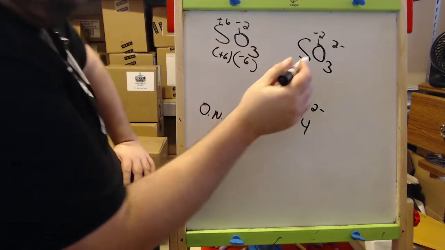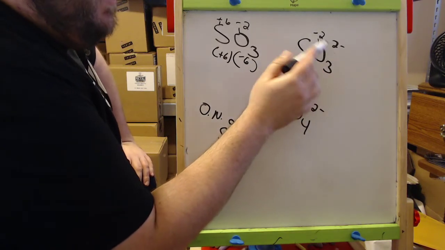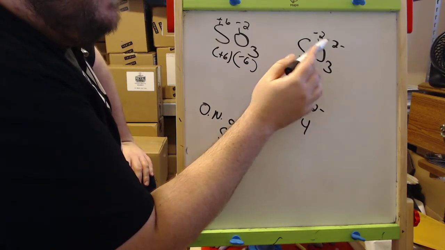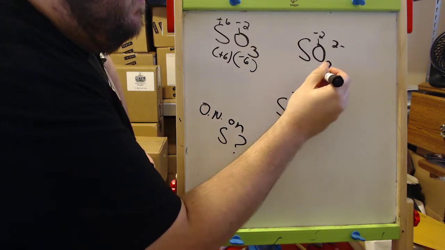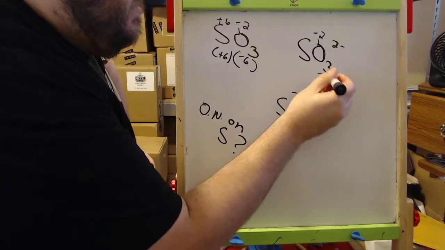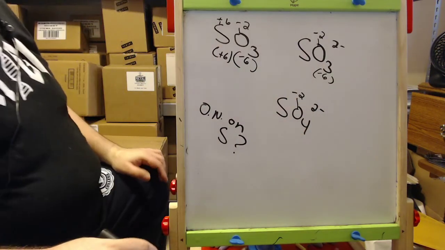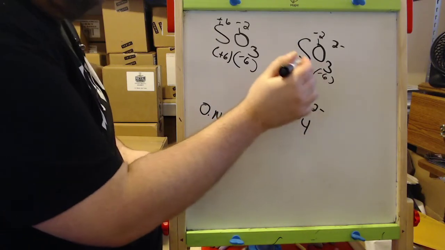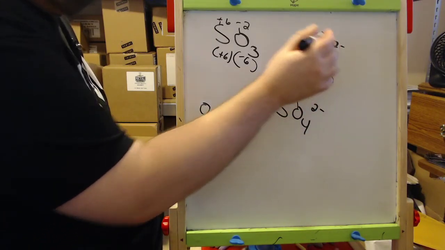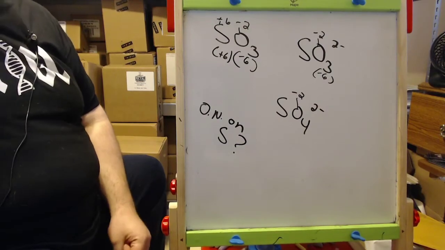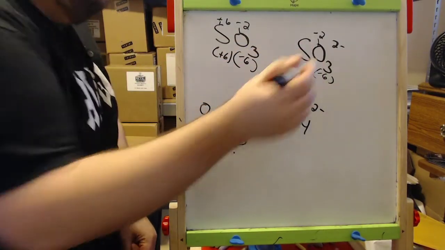Let's try another one. Let's go over here. All right, we know oxygen's always a minus 2 times 3. Well, not always, but in our case right now, is a minus 2. Minus 6. When I add it to sulfur's oxidation number, it has to be a minus 2. So what must sulfur be in this case here?